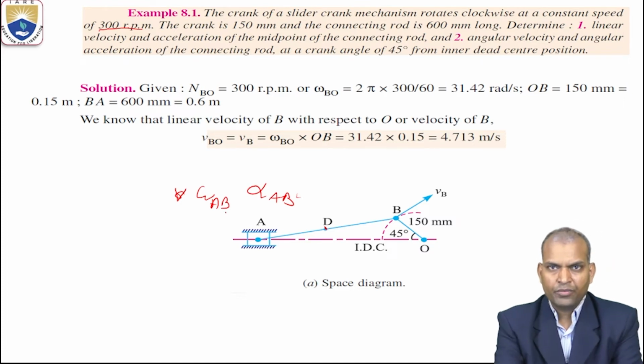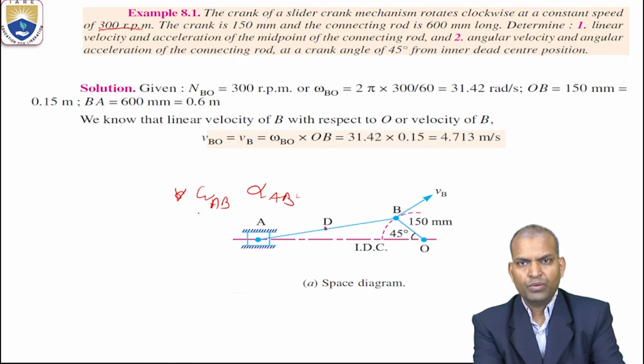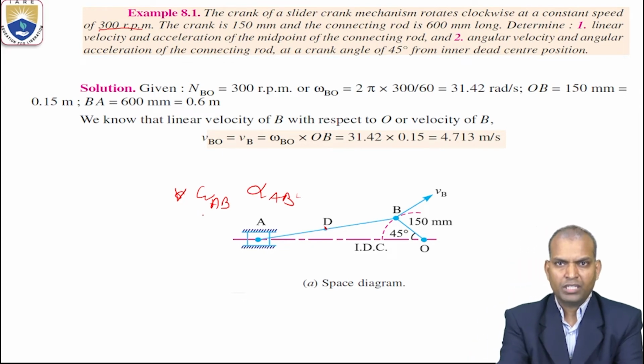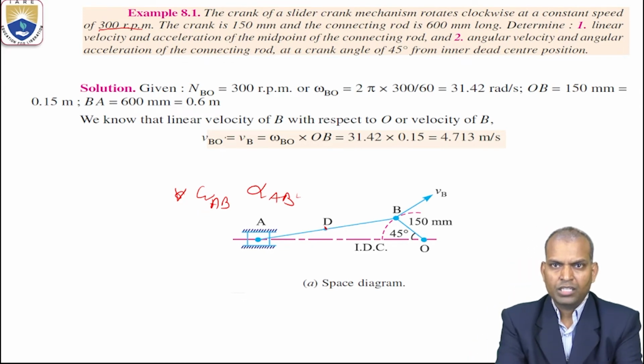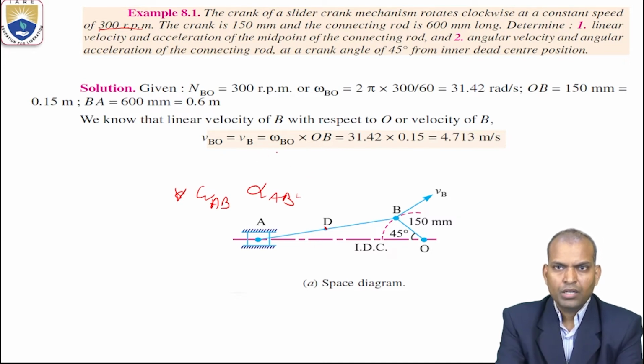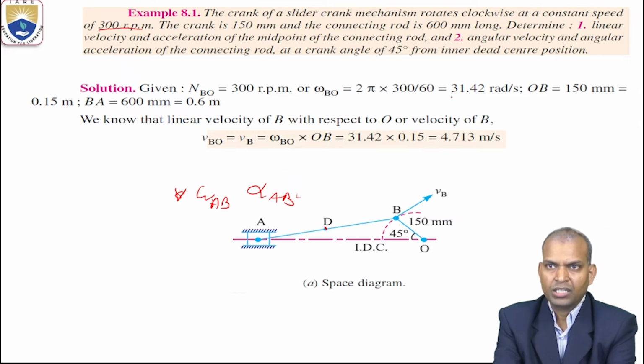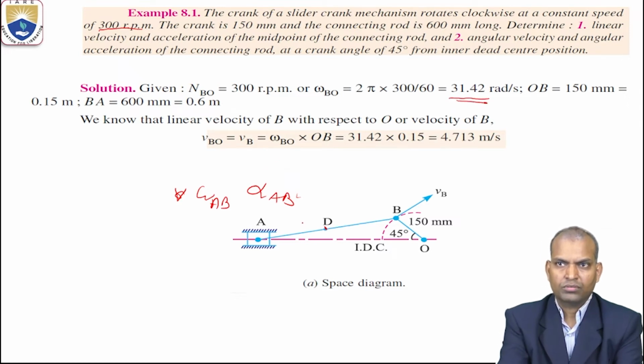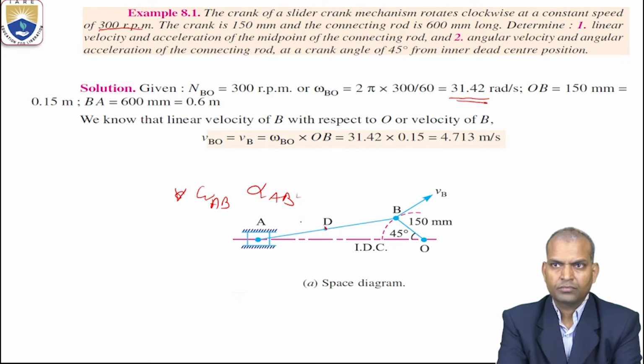Based on this data, we can calculate VBO, that is velocity of B with respect to O. VB equals omega BO times OB. Omega BO is 2 pi n by 60, that is the crank. 2 pi times 300 by 60 is 31.42 radians per second.